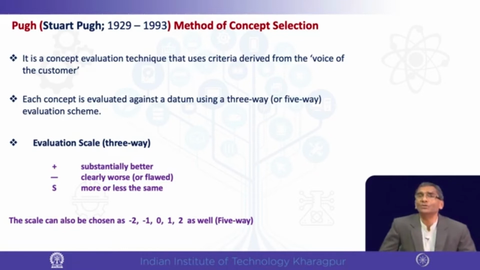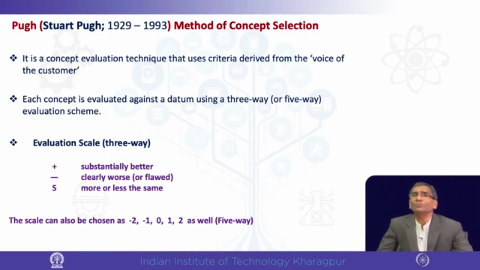If it is very good in strength, then it will be 2. If it is moderately good, it will be 1. If it is same, it will be 0. If it is worse, it will be -1, and if it is very poor, then it will be -2. Now, when I am saying tensile, it may be compressive in other cases wherever the compressive load is necessary.